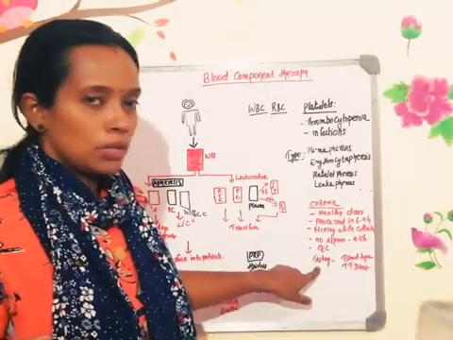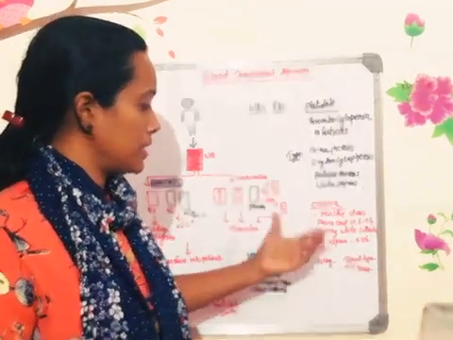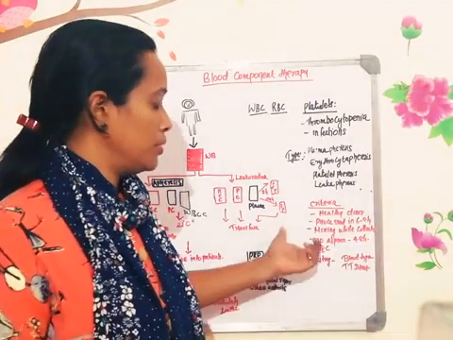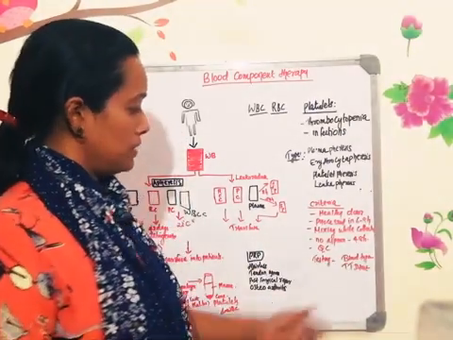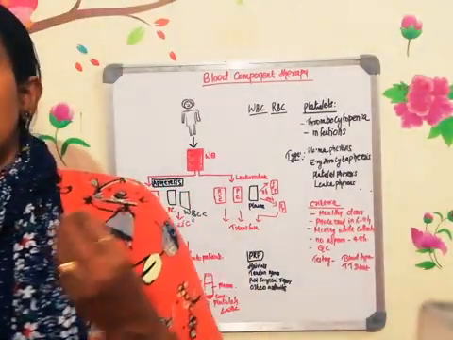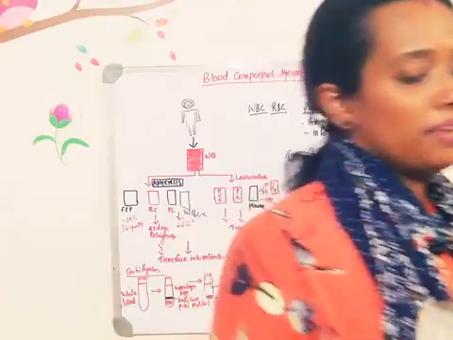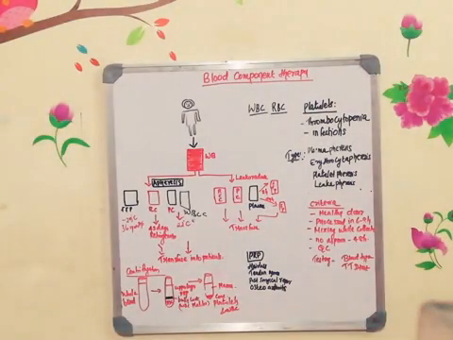And the testing which will be done after collection and separation is, in the case of RBC, the blood typing, to avoid any complications associated with the transfusion, and also they will check for transmissible diseases. Transmissible diseases, in the sense HIV, hepatitis B virus infection, and all those things, can be checked by taking the blood for the TTD test, transmissible disease test.